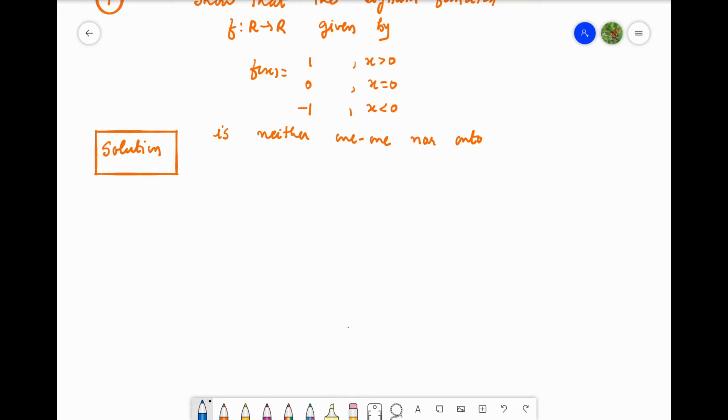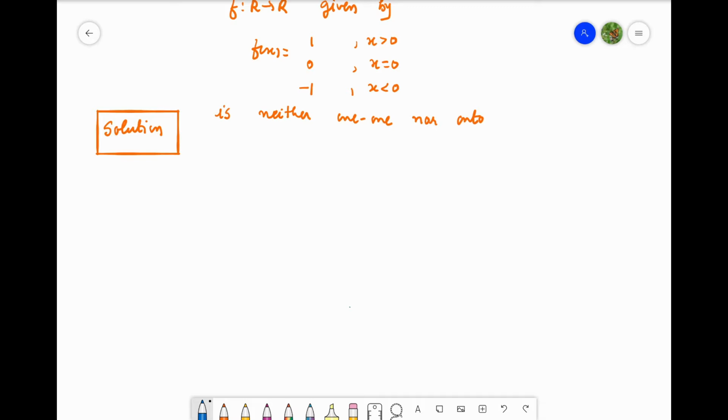So here f is many-one. To prove many-one, we give a counter example. We will give two distinct elements for which the images are the same. Since 1 is not equal to 2, the elements are distinct, but f of 1 is 1, by definition, as x is greater than 0 the value is 1. f of 2 is also 1.